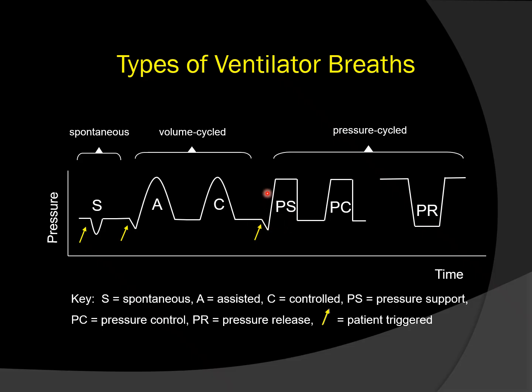That way the machine knows to give a pressure support for the duration of the effort. So 3 of these breaths I just showed you are triggered by patient's effort, and 3 of these are not. The controlled breaths, pressure controlled breaths, and pressure release breaths are triggered by a timer.